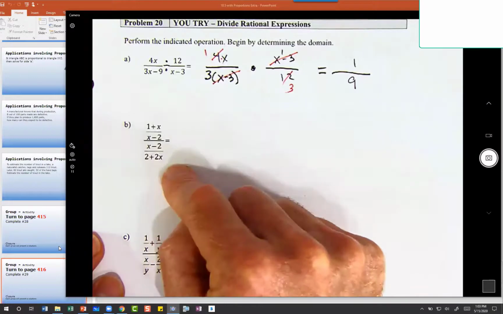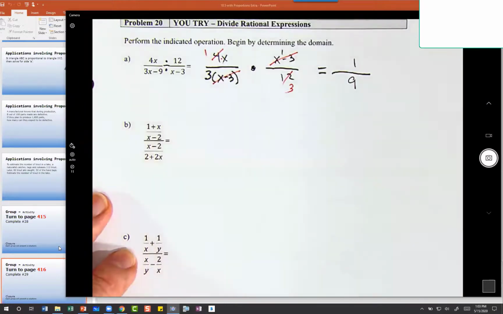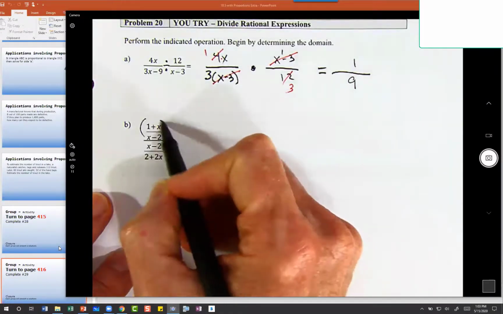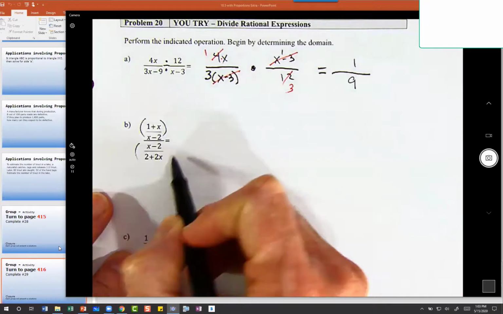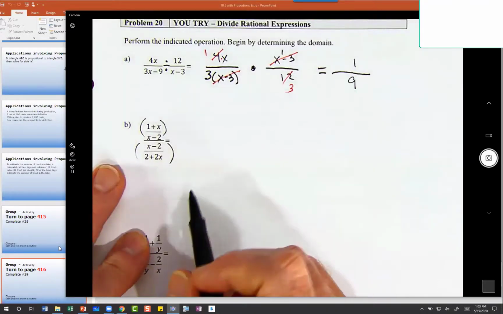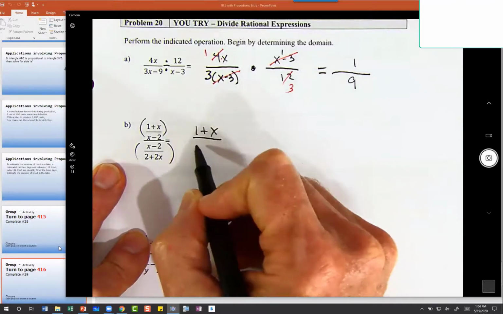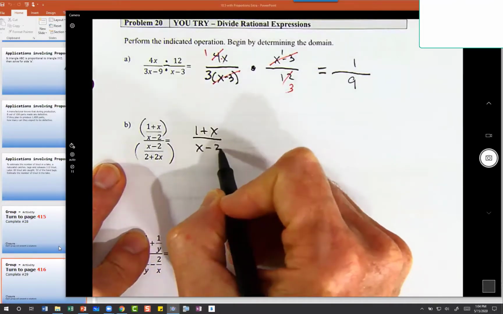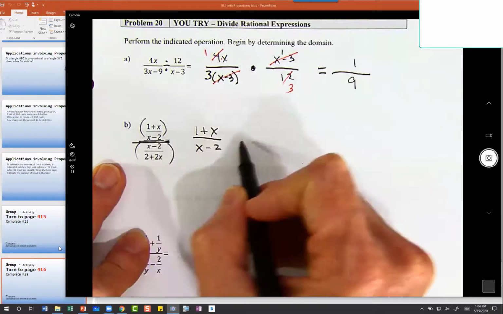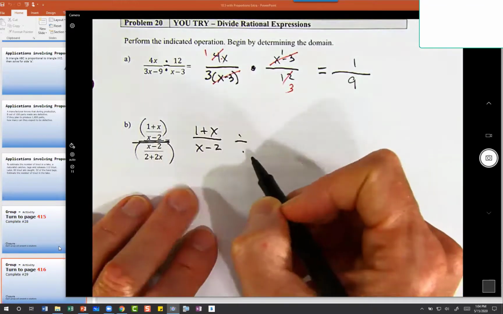Problem B isn't so bad because B is 1 fraction on the top, 1 fraction on the bottom, and you might skip this step, but you can switch this fraction into division. A lot of people skip that.